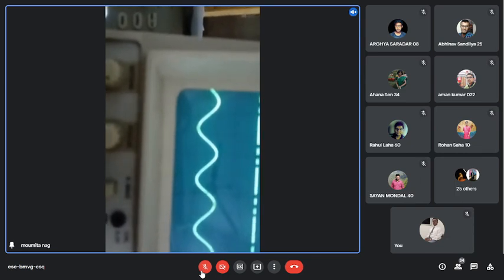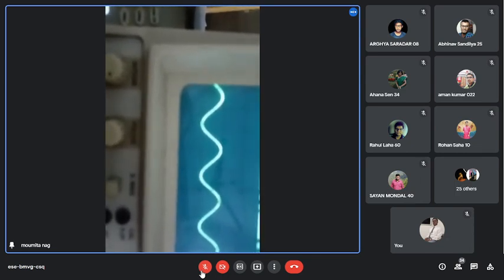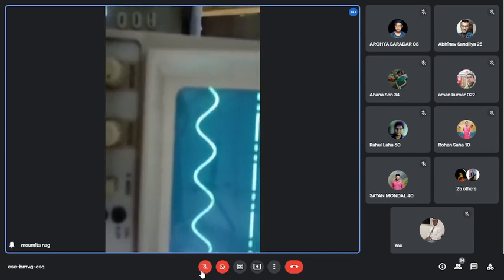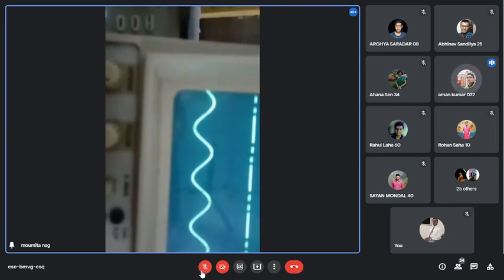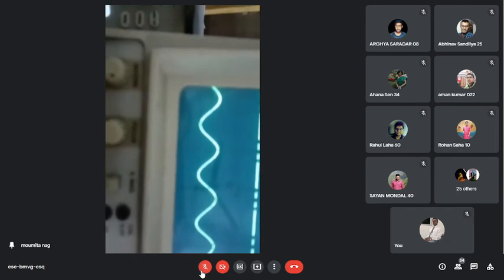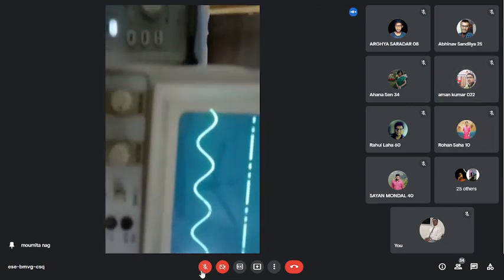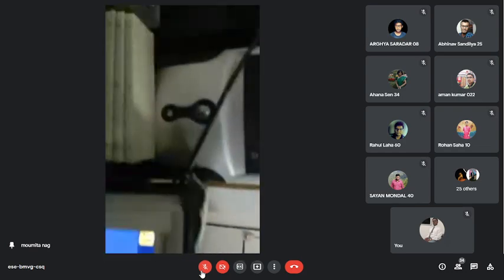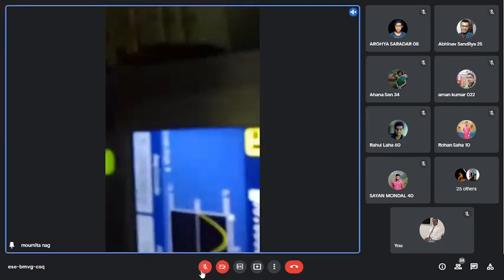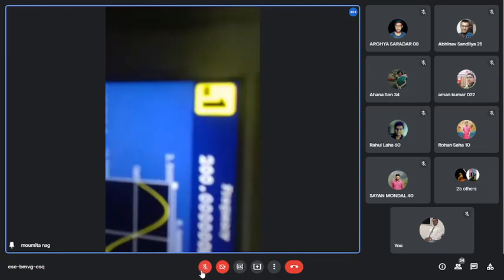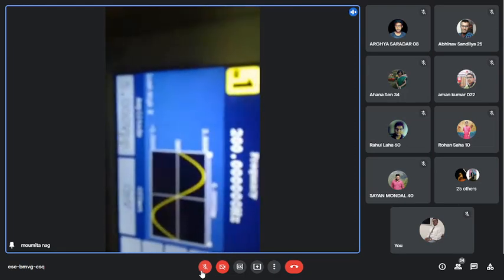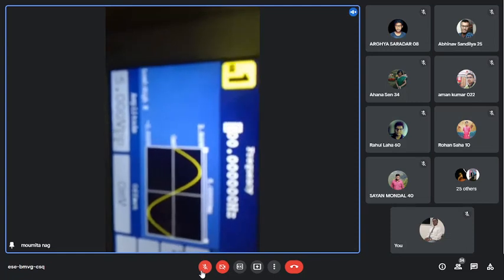How much is the frequency? 200 hertz. Right. I have set it to 200 hertz. See here, 200 hertz and 5 volt peak to peak. Okay.